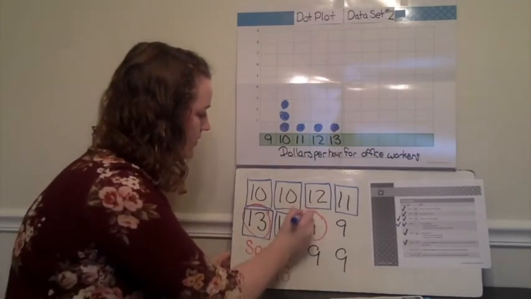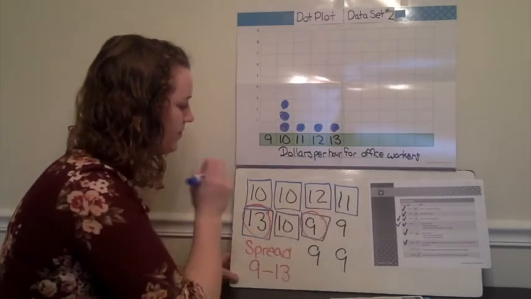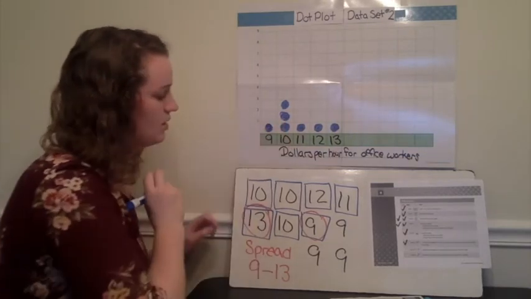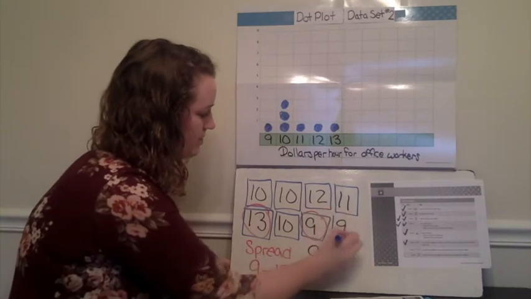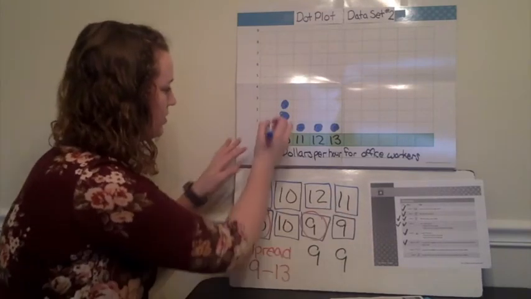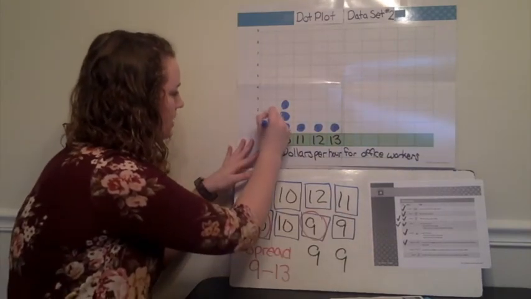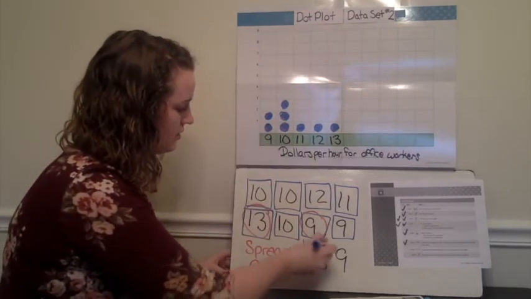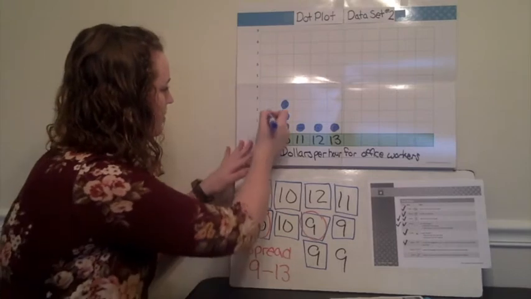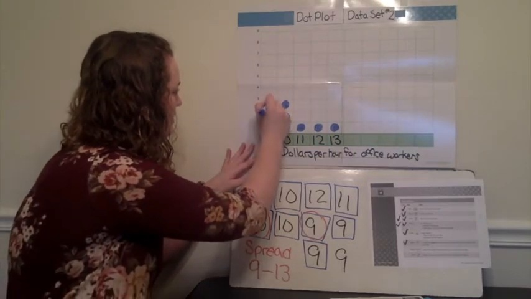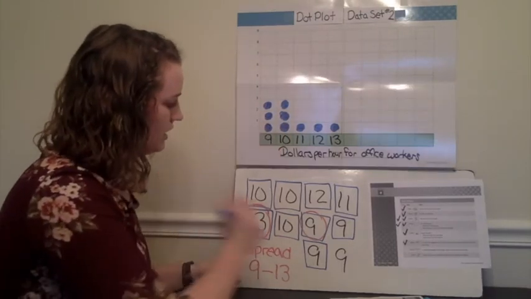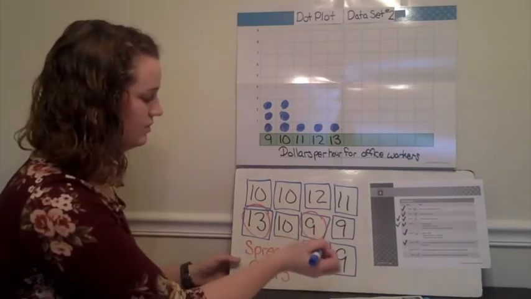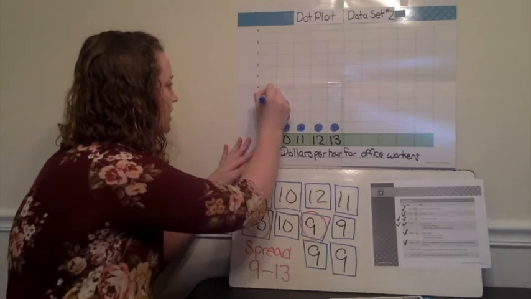Then we have 9. Put a dot above 9. We have 9 again. So we're going to put another dot above 9. We have another 9. Put another dot above 9. And our last one is 9 again. So put one more dot right above 9.